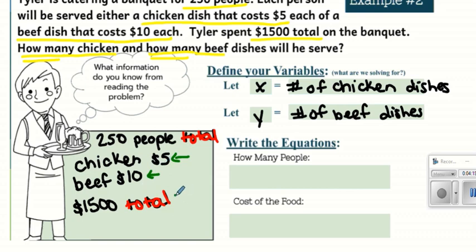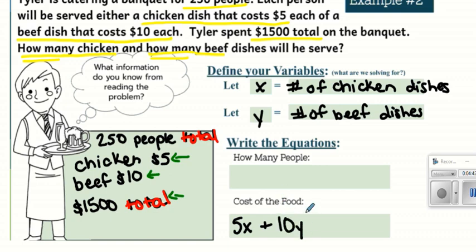I see money, money, and money. So let's go ahead and take that information and put it into our equation. So the cost of a chicken dish is $5. So I have 5x because x is for the chicken. And the cost of a beef dish is $10.